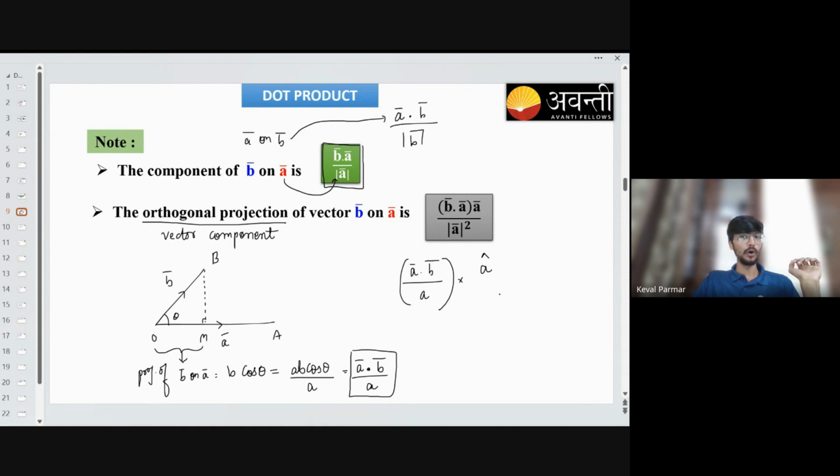And as we all know, A cap equals A bar upon mod A. So if I substitute it here, I'll get this formula. A cap को क्या लिख सकते हैं हम लोग? A bar upon mod A. So in the denominator, mod A and mod A will get multiplied and I'll get mod A का square. All done, guys. Let's see the next.